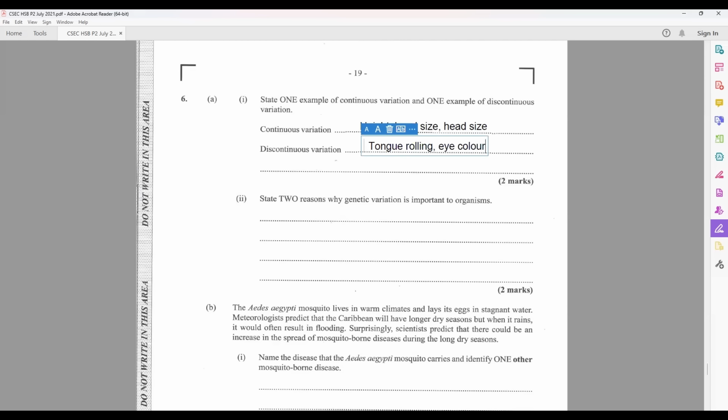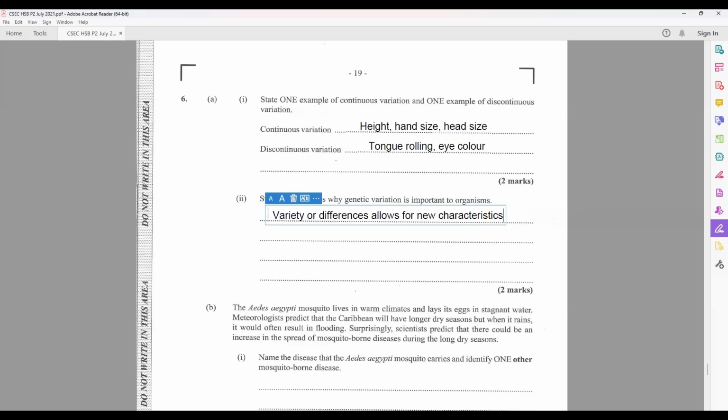State 2 reasons why genetic variation is important to organisms. Many persons may have heard someone say, variety is the spice of life. Yes. Variety or differences allow for new characteristics in the breeding population, right? So that is genetic variation.